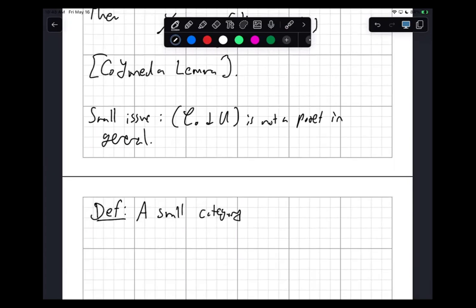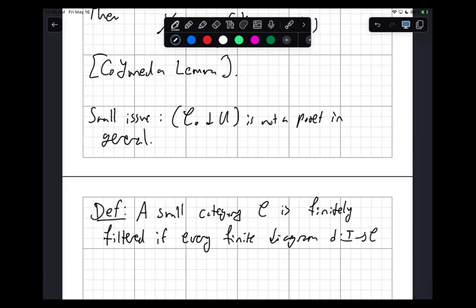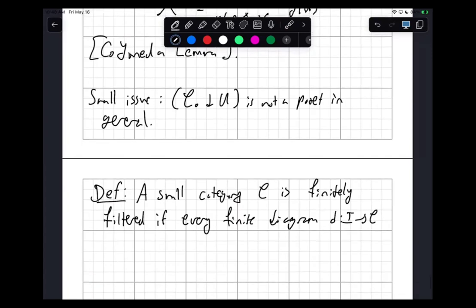So a small category C is finitely filtered if every finite diagram D from I to C, so I has a finite number of objects and finite number of morphisms, has a cocone. Okay.